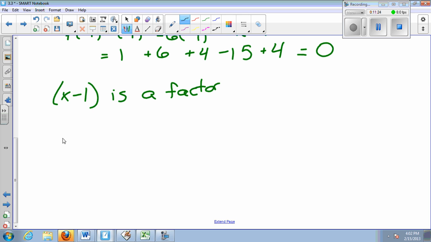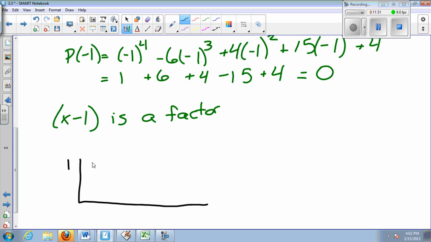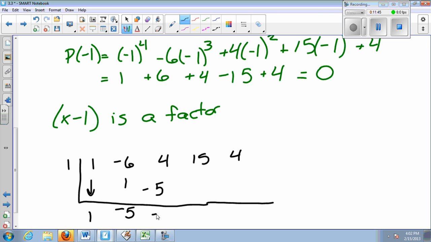So now we're going to use positive 1 and use synthetic division. Oops, that should have been a negative 1 out there. X plus 1 is a factor. Negative 1.